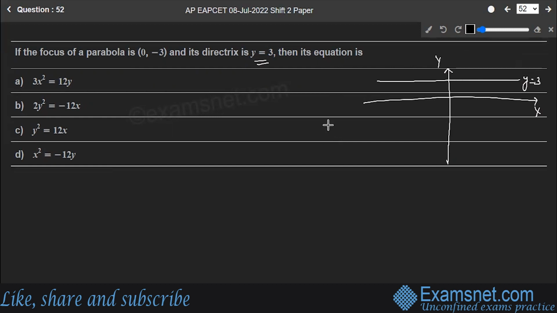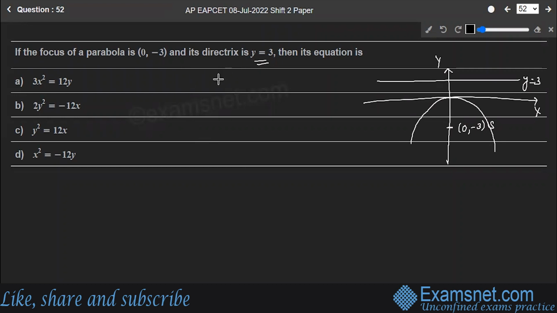The focus of the parabola is (0, -3). So this is the focus of the parabola. Let's denote it by S. So how will you make the parabola? It is something like this.